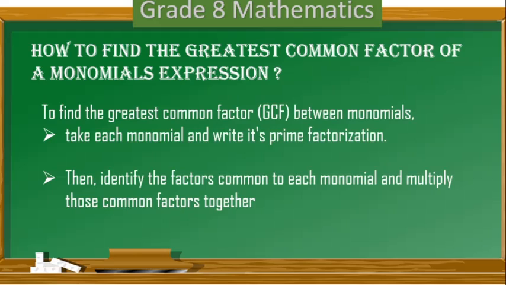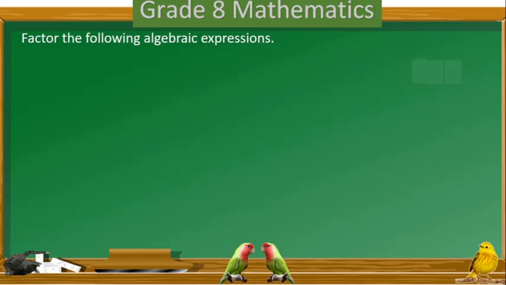Okay, to understand this one, let's take the first example. Our given example is 8x squared plus 16x. First, we're going to identify the given numerical coefficients.